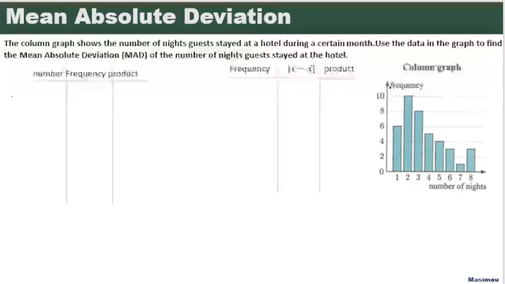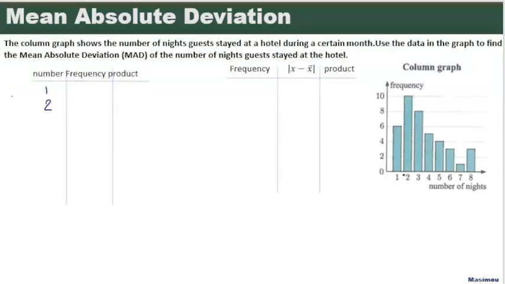So I write the number and frequency. First of all I am going to find the mean, the average of the nights that people stayed at the hotel, and then the mean absolute deviation.